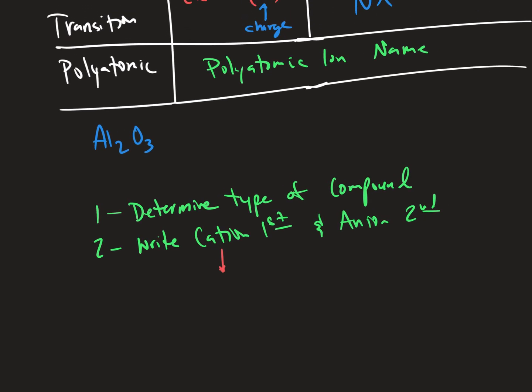All right, so what's the name of this compound? Al2O3. Is it an ionic compound or covalent compound? How do we know it's ionic? Yeah, aluminum is a metal, Al, right?